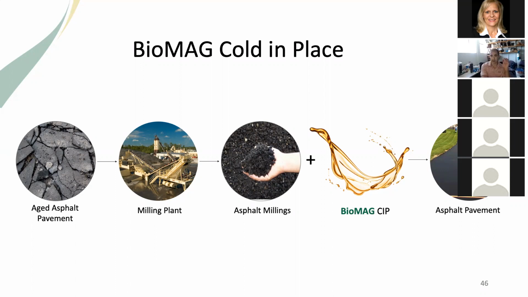The action of that additive is to temporarily soften the aged asphalt binder in those asphalt millings, which enables a standard compactor to achieve compaction of those asphalt millings without any added heat. And then over time, the cold in place additive is going to chemically react and harden so that the softening effect dissipates, leaving behind a pavement that can be driven on.